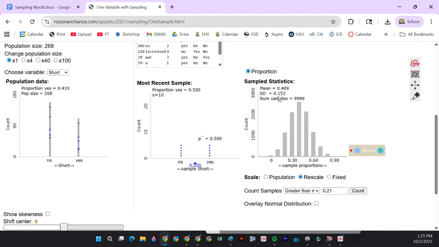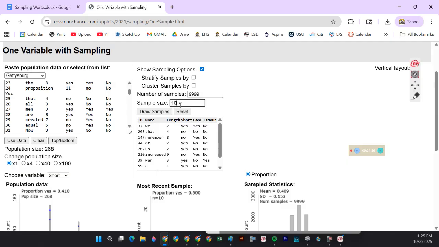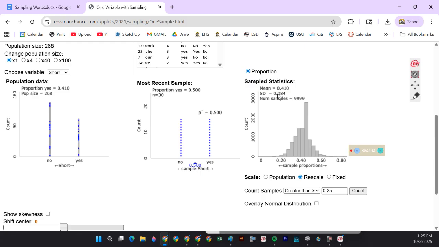The original was 0.15, and now I change this to 30 and do my 10,000 samples, and now my standard deviation has dropped to 8%. So by tripling the number in my sample, my graph became about half as wide as it was before. Okay? Does that make sense?